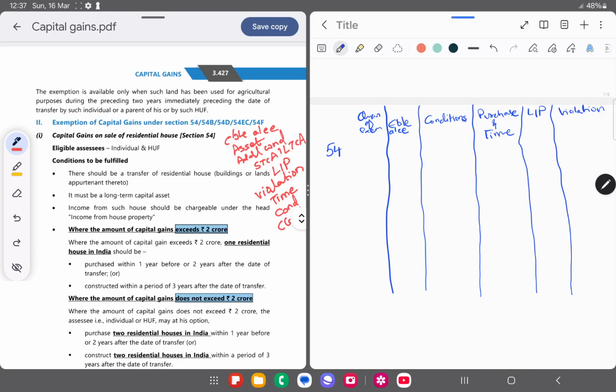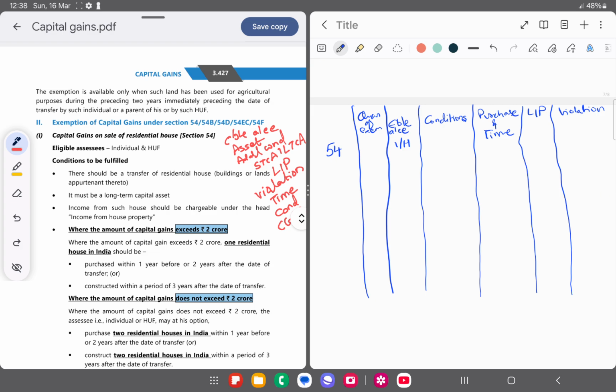Okay, so let's start. The eligible assessee for section 54 will be an individual and HUF. There should be transfer of a residential house, buildings or land appurtenant thereto. Land appurtenant thereto means parking area, garden area, all that will be included.